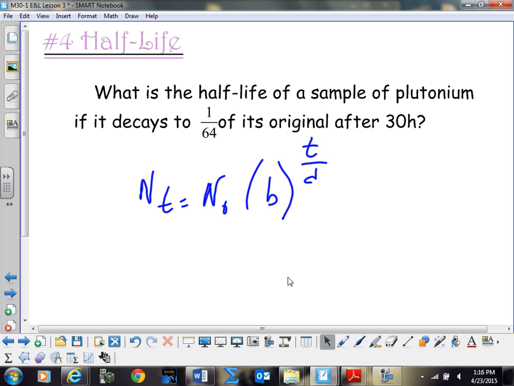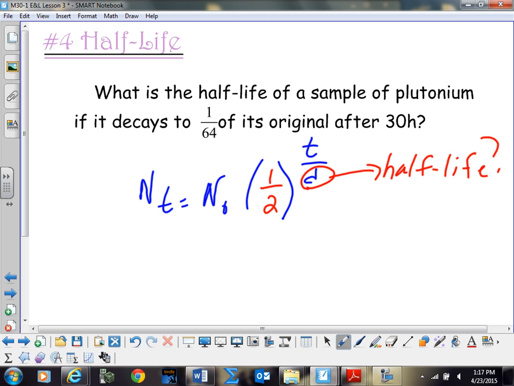All right, well, the first thing that jumps out at me is that this is half-life, 1/2. What is the half-life? So the time it takes for it to decrease to 1/2, that is the D value, half-life. That's what the question's asking us. What is the half-life?